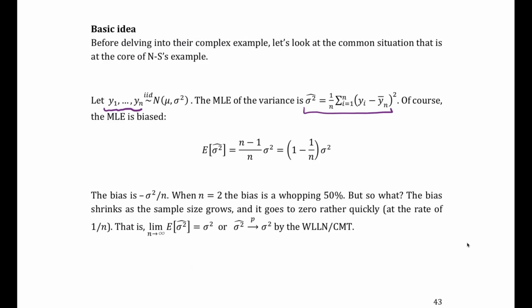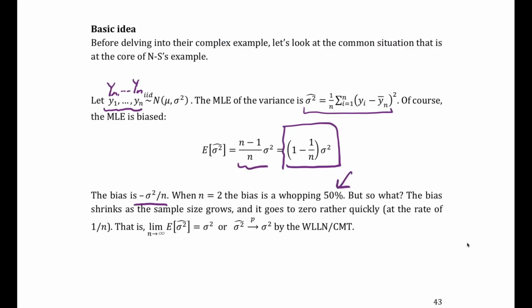We just saw this in this case. Notice here that I'm using lowercase y's. I could actually use uppercase Y's to be strictly better, but it's okay. The expected value of the maximum likelihood estimator is this thing here, and we just talked about this in the last recording. So the bias is minus sigma squared over n, and when n equals 2, this is a whopping 50% that you're off.